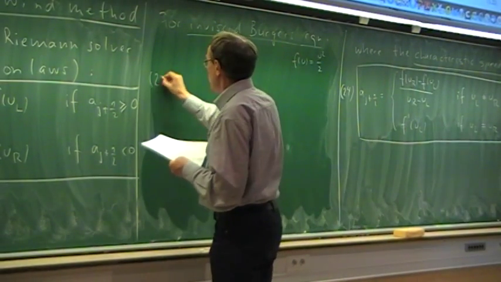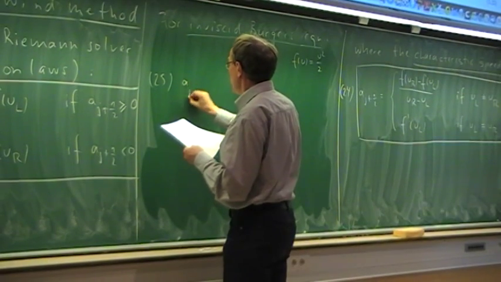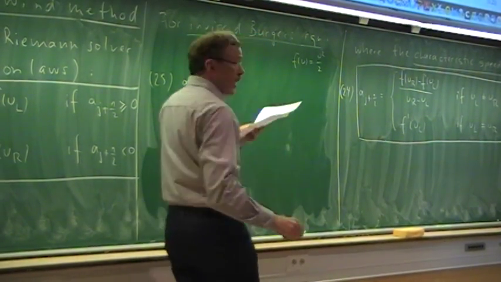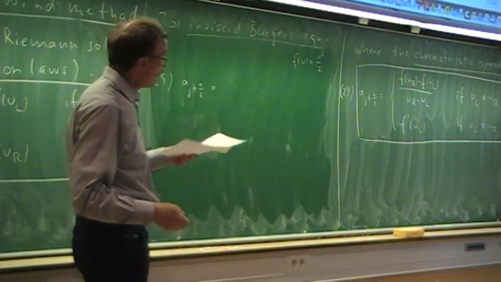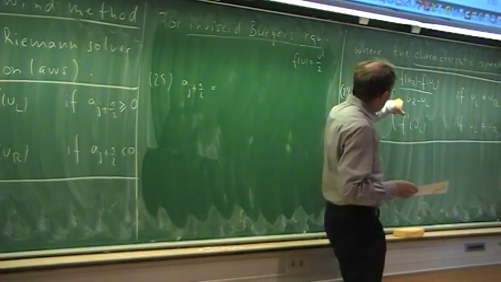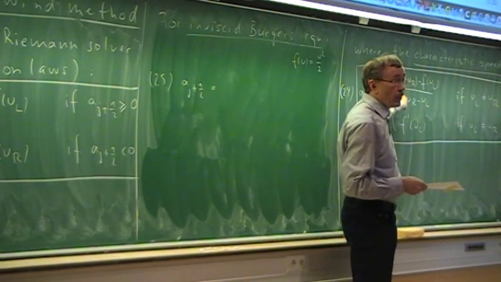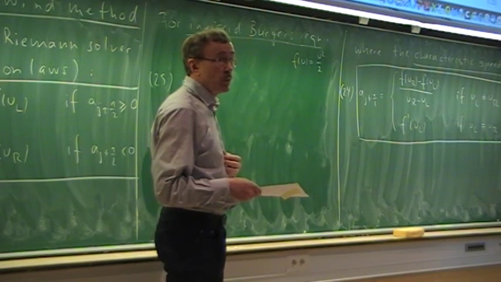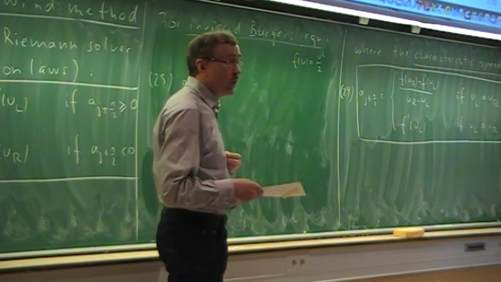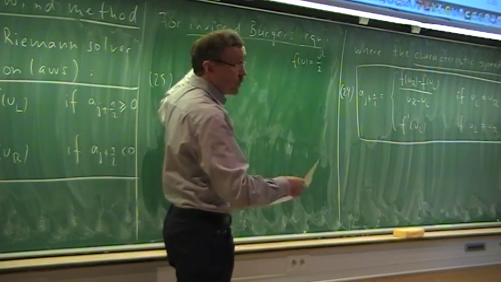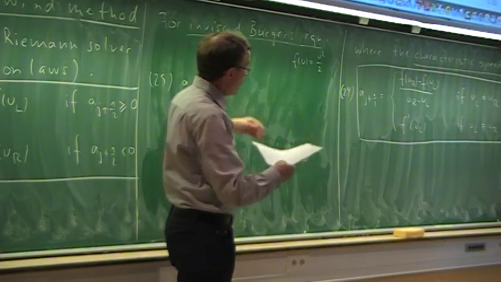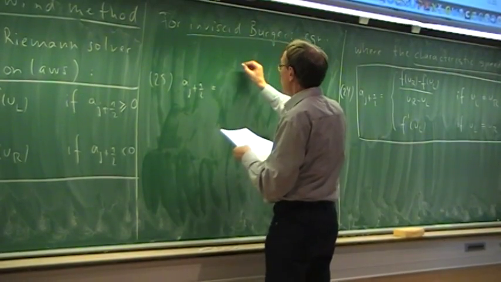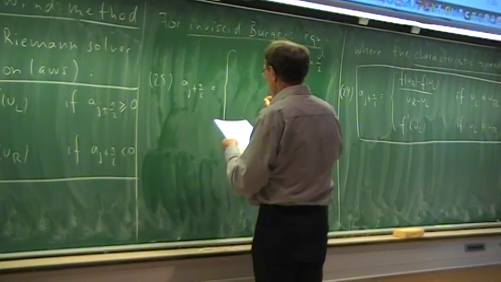So then A_{j+1/2} is equal to, you can already see what it will be, because this is actually the shock speed, if you remember, from the Rankine-Hugoniot condition. That is exactly what we would get if we computed the shock speed with a discontinuity, UL and UR.